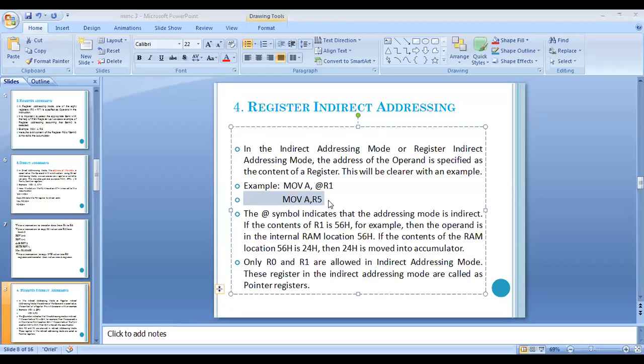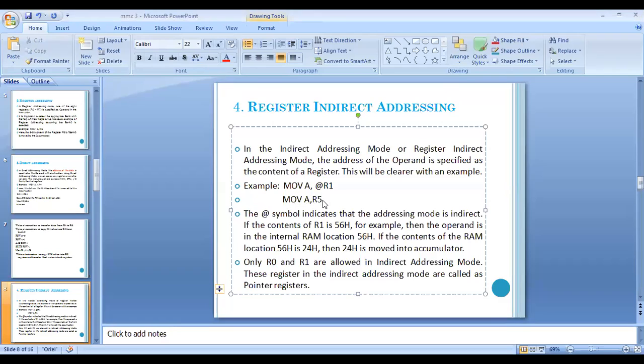What do you think, what operation will happen in this? The value in R5 is to be moved into A. Very good. Whatever the value of R5, it is going to transfer into A.